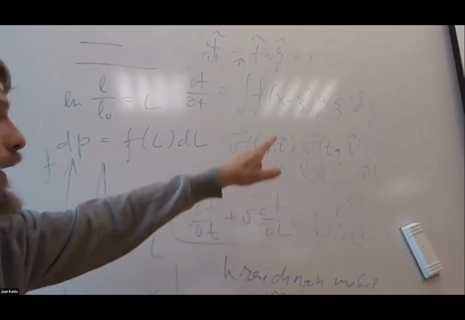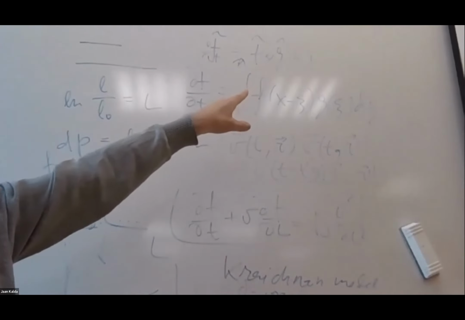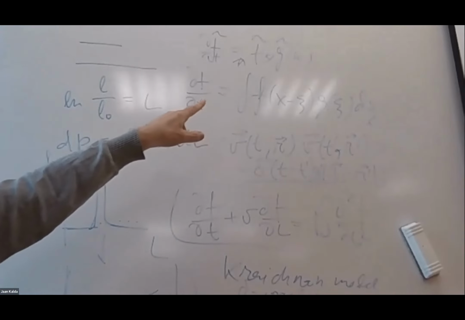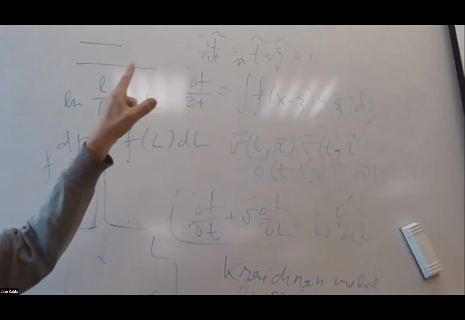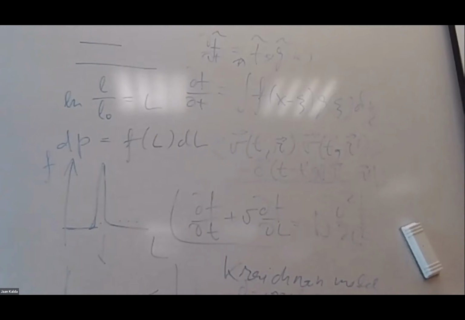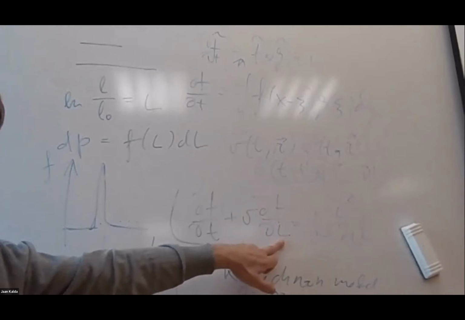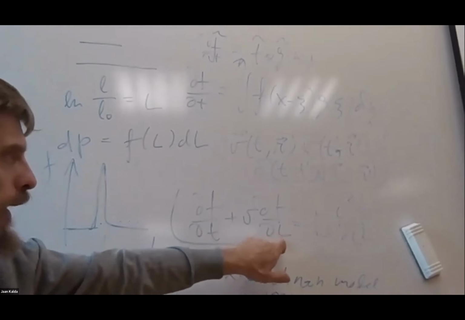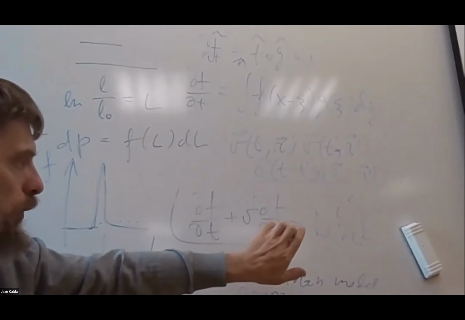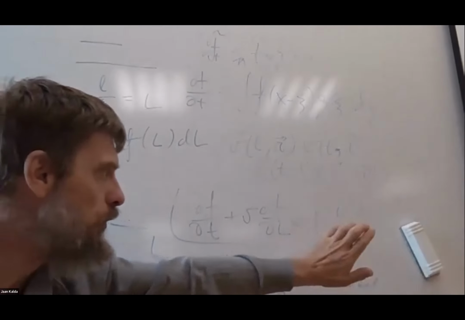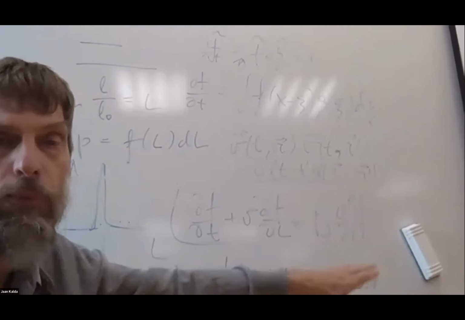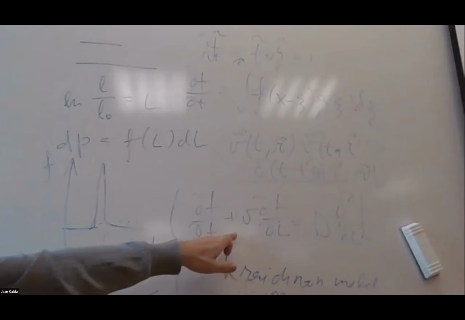And then we had a kernel J, which described time correlations. And then we expanded this into a Taylor series. And then we were able to solve it and go back to the physical length space L. Because we had the Fourier transform, this corresponds to the first term, this corresponds to the second term. And that's how we got it.